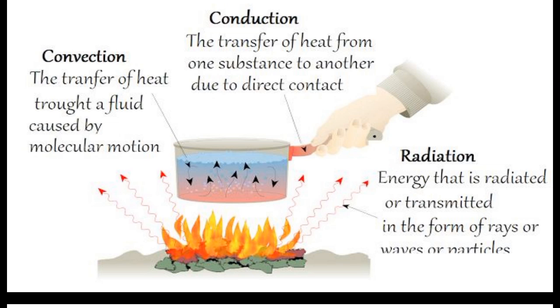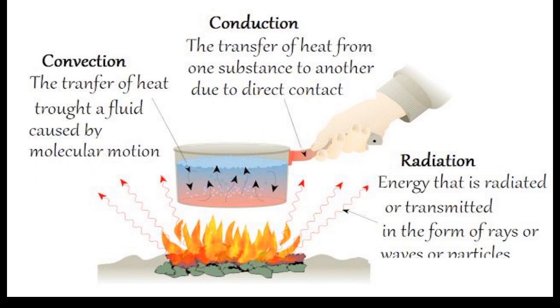So from the flame heat is transferring to the vessel, or to the surroundings, because the surrounding is cold compared with the flame. The flame has high temperature and the surrounding and the vessel have low temperature. So in other words we can say heat transfers from high temperature to low temperature, or hot to cold.